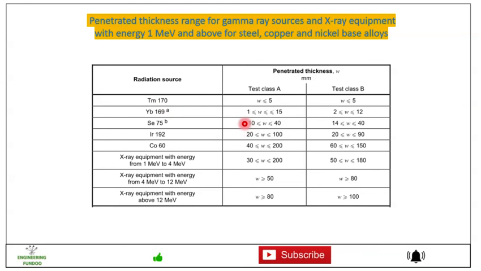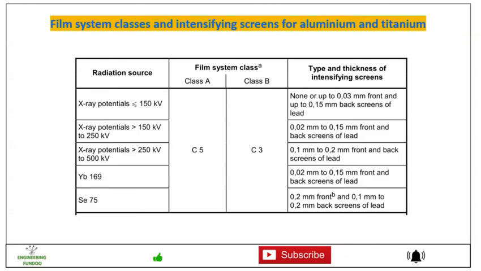Then for X-ray equipment with energy from 1 MeV to 4 MeV, it should be between 30 to 200 for test class A, and for test class B it should be between 50 to 180. So this is the table for overall range for test class A and test class B for penetrated thickness for steel, copper and nickel based alloys.